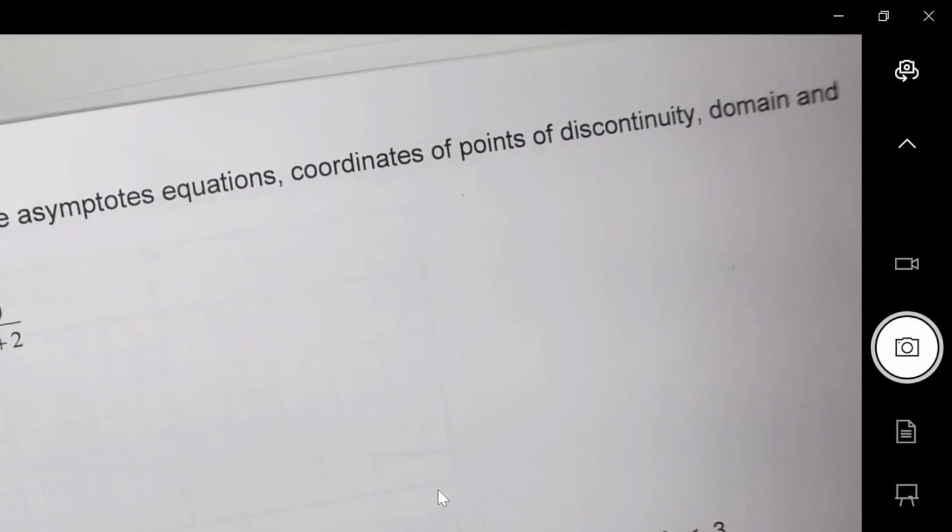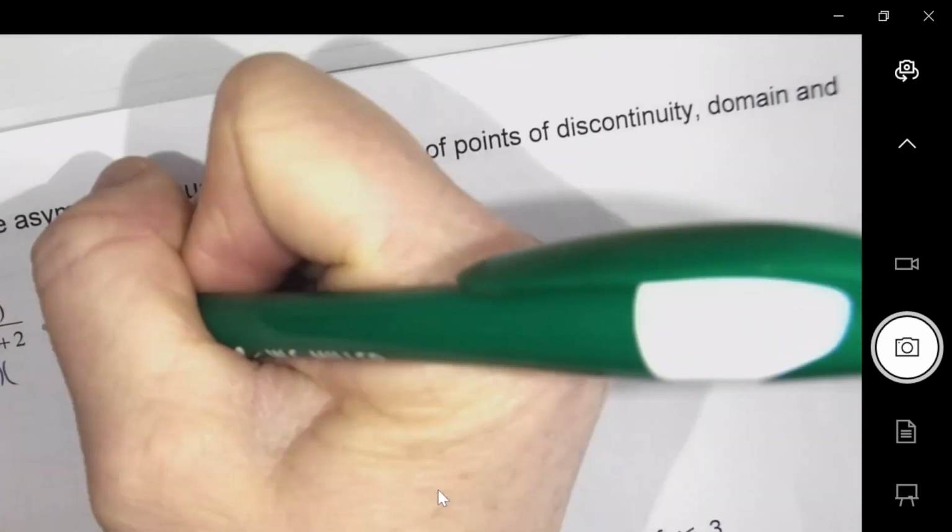Okay, this is irrational. We're going to get all the info we can about it. So let's factor the bottom. That's your first thing you should do.